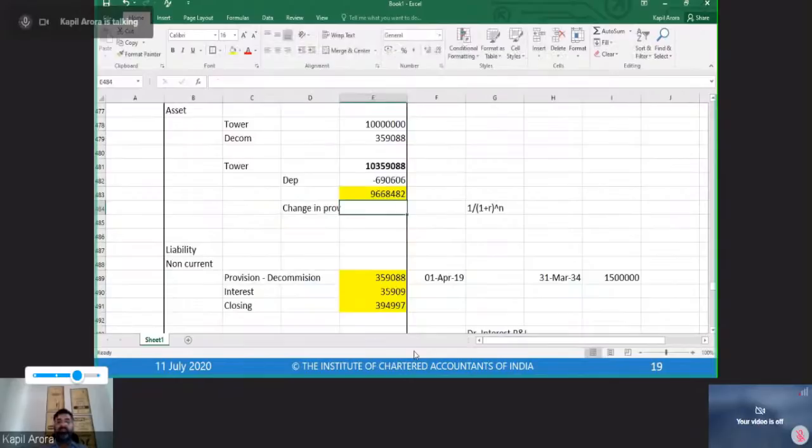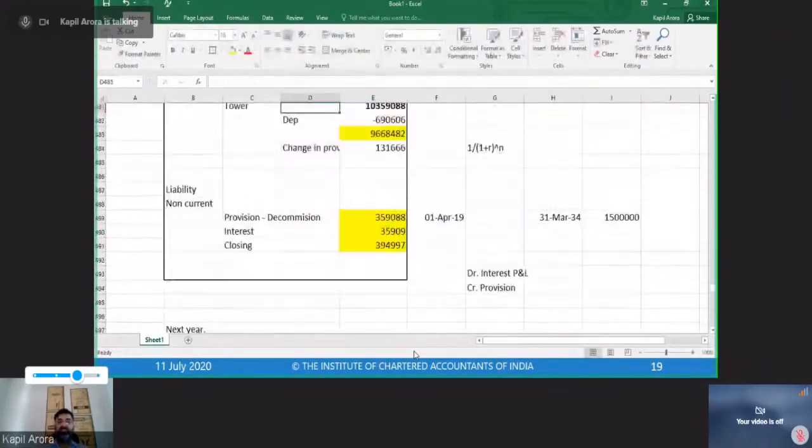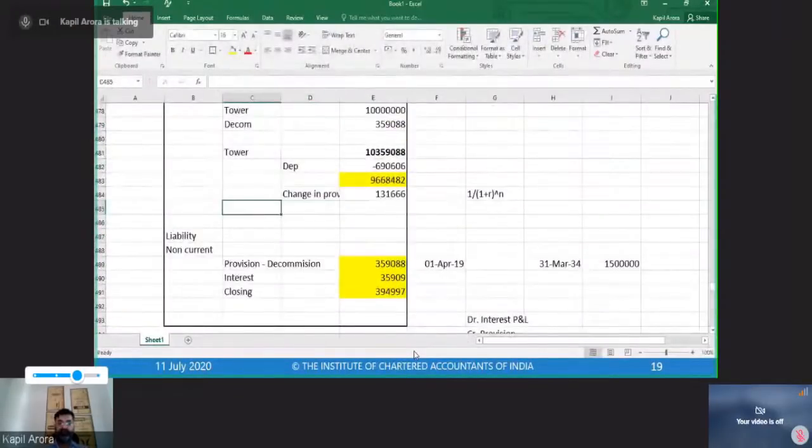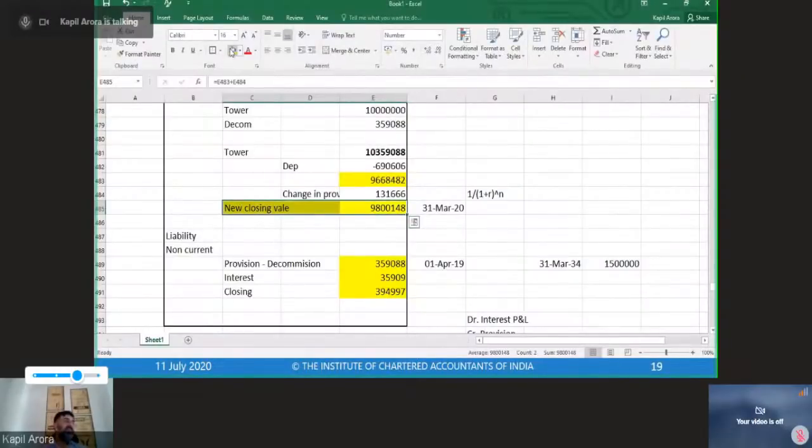So my closing value of asset on 31st March 20 would be old closing value plus the change. Is this okay?